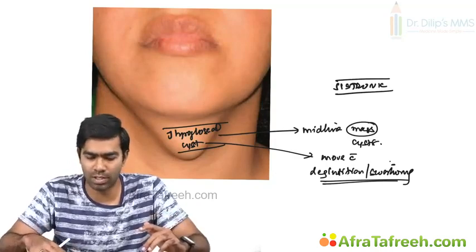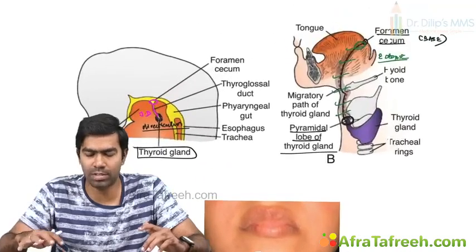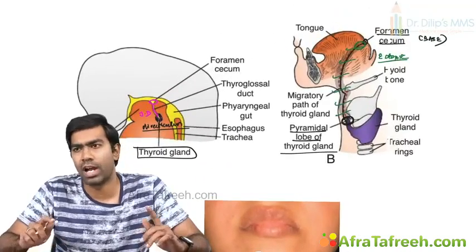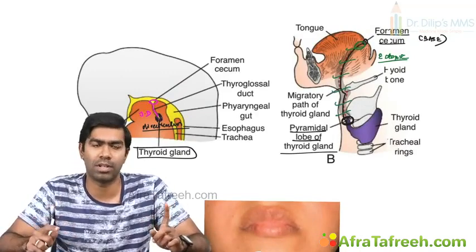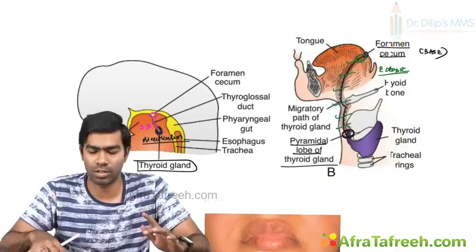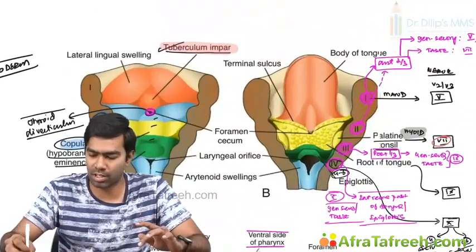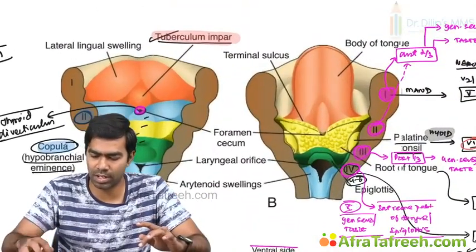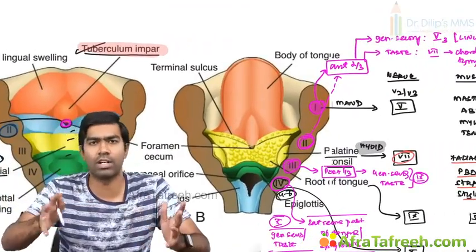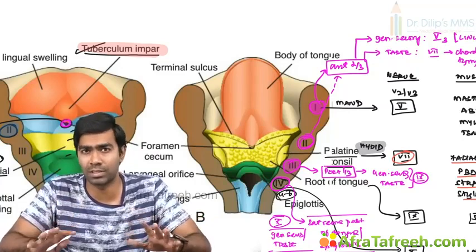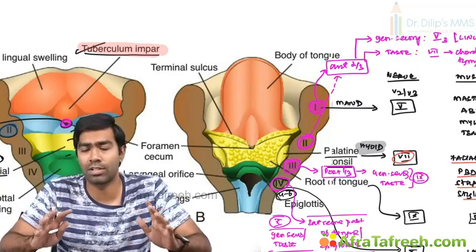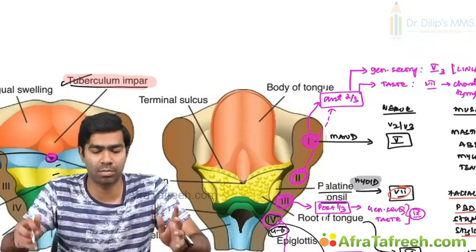So this is one of the other important embryological anatomies that you have to know. And the final question you might ask me is why tongue muscles are supplied by the hypoglossal nerve, because remember the tongue muscles are not coming from the pharyngeal arches. You have to be very clear about that. Even though a lot of the endodermal and ectodermal things in the tongue are coming from these arches, the muscles per se are not coming from the pharyngeal arches and pouches.